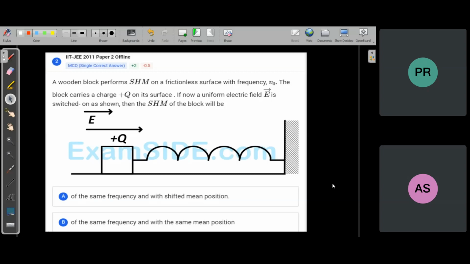That much deeply is not required. Only very, very basic is required.